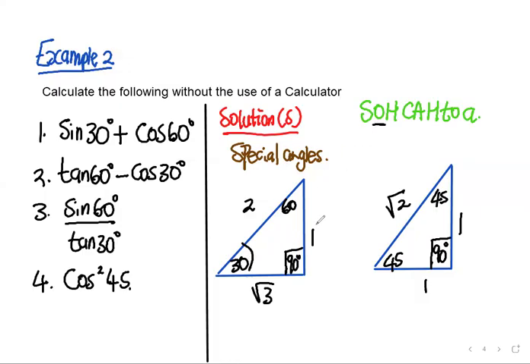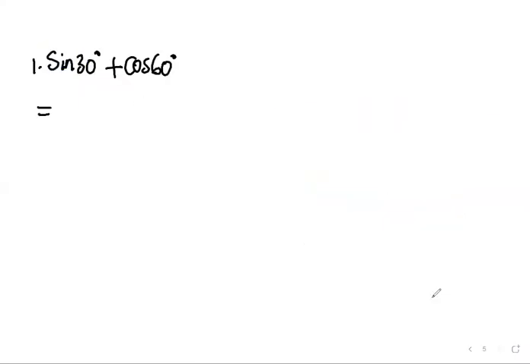If I'm using 30, that will be your opposite over hypotenuse. So sine 30 is what? It's 1/2. I'm not using a calculator, they said without using a calculator, so it's going to be 1/2.